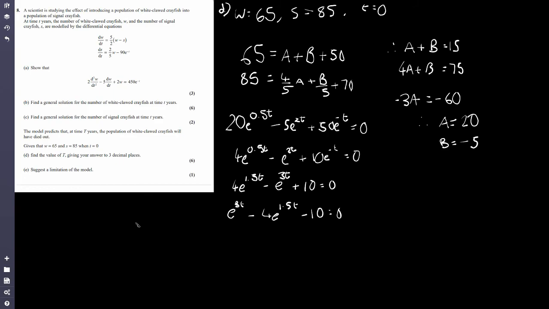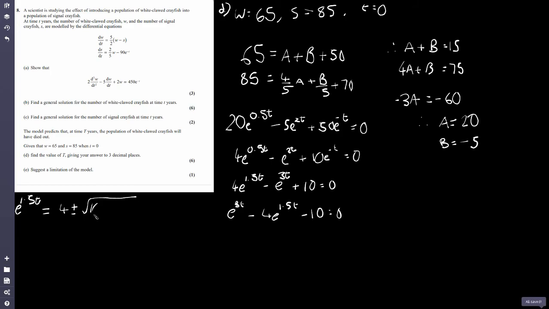So, doing that now, what we're going to get is e to the 1.5t equal to minus b, so 4, plus or minus the square root of 16.